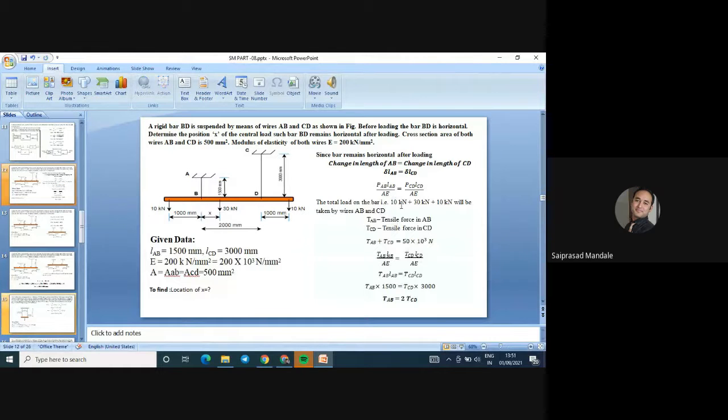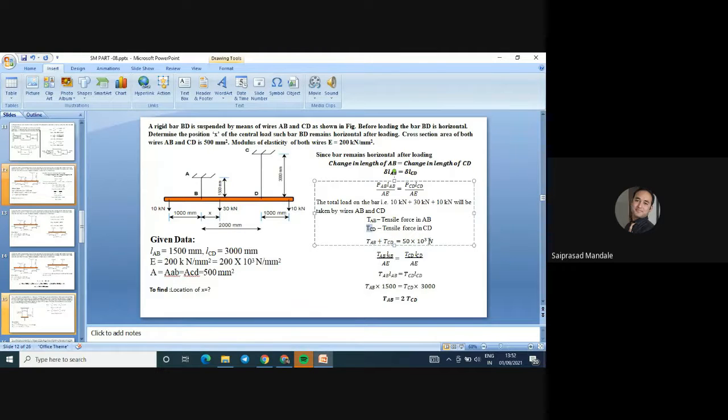So whatever the amount of load is there, because of that load, the string is going down, and that load is acting on string AB and string CD. P_AB is the tension in string AB, and P_CD is the tension in string CD. So the tension in both the rods will be equal to 50 kilonewton.